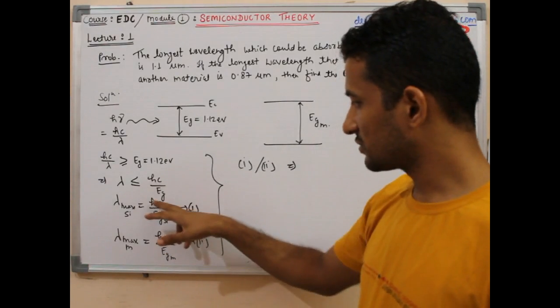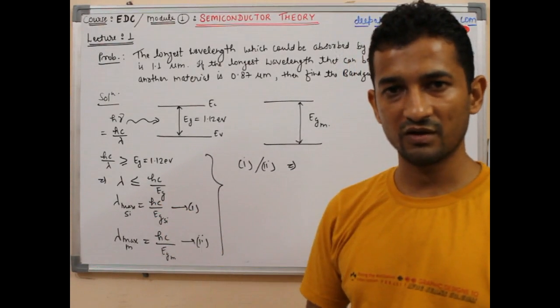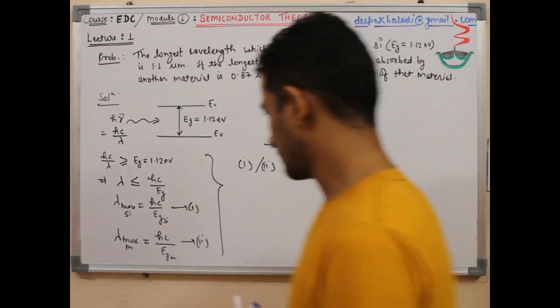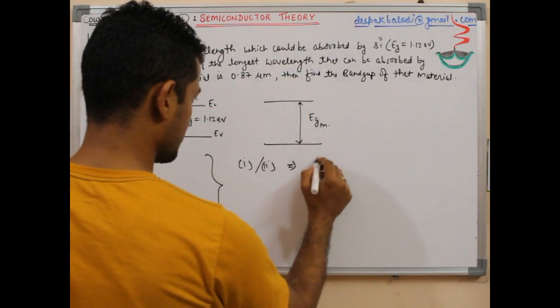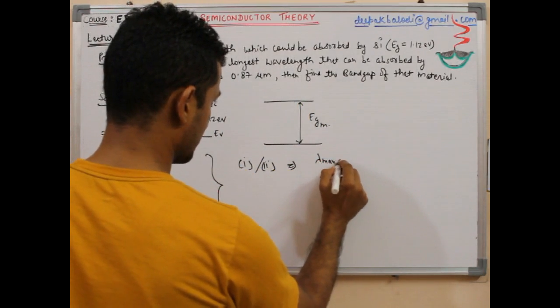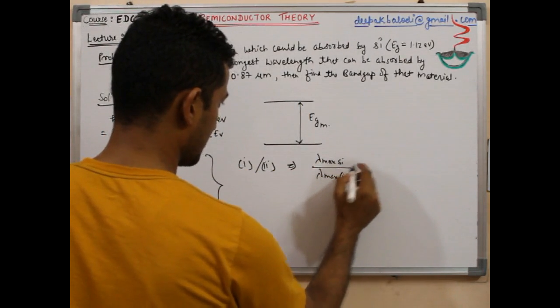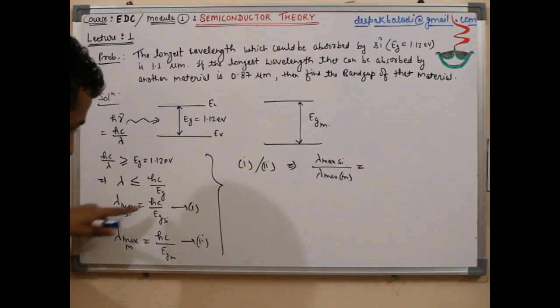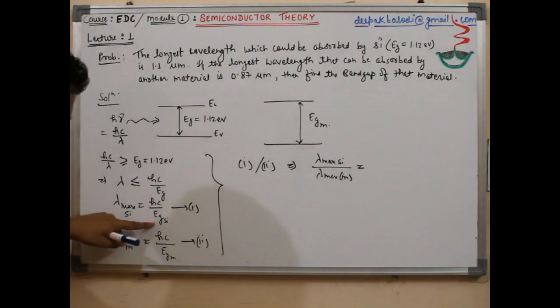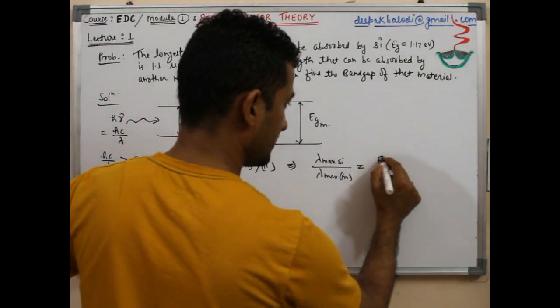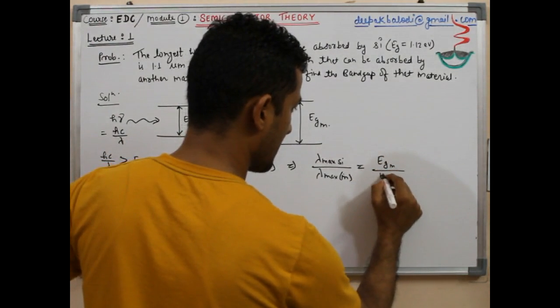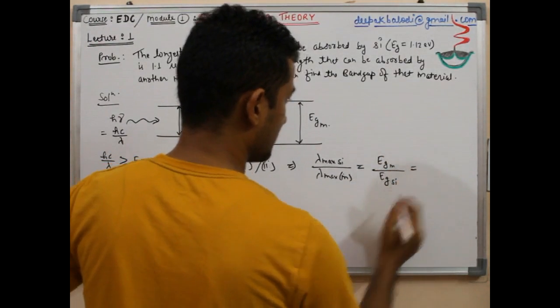So when we divide these two, we need not have the Planck constant value or velocity of light value. These two things will cancel each other. So lambda max for silicon upon lambda max for that material is equal to EgM upon EgSi, band gap of that material upon band gap of silicon.